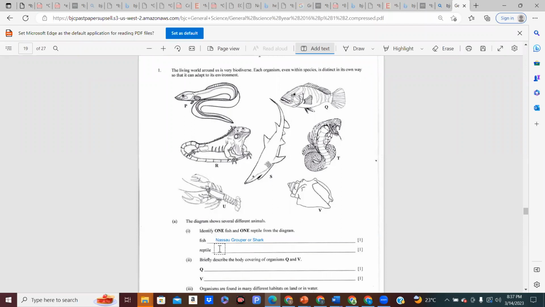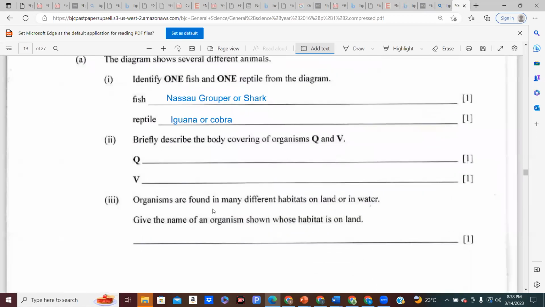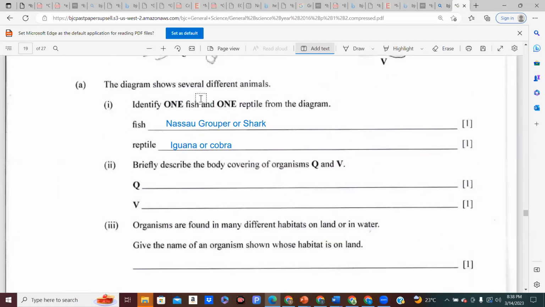And how about the reptile? Which one is a reptile? The iguana or the cobra? Okay, makes sense? Again, write down the question and the answer that is given.